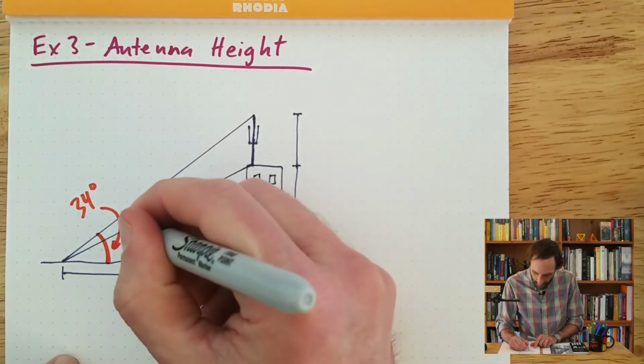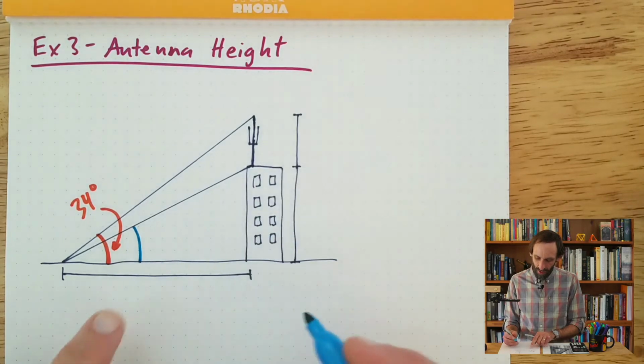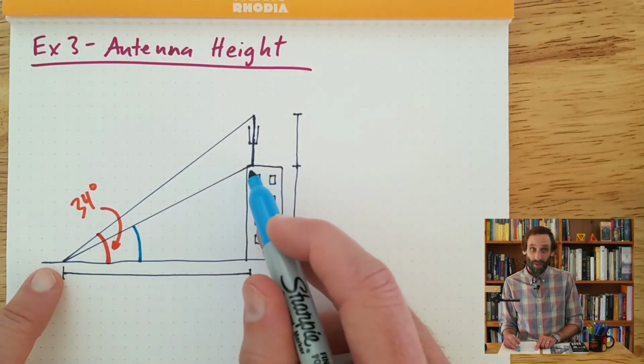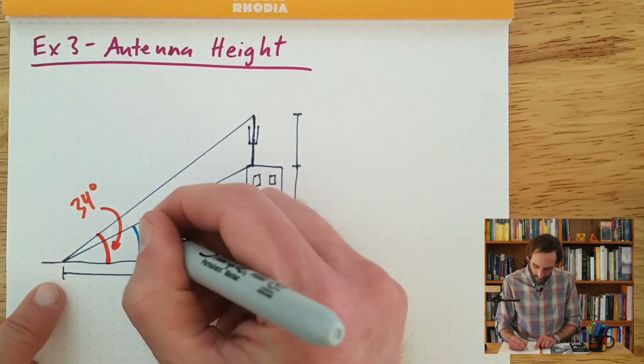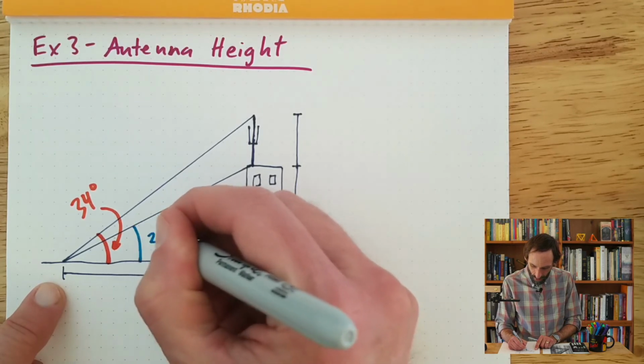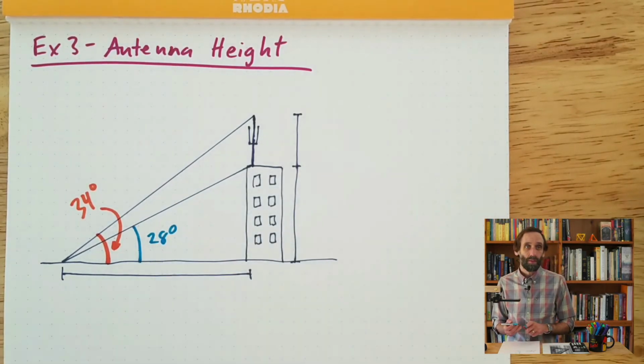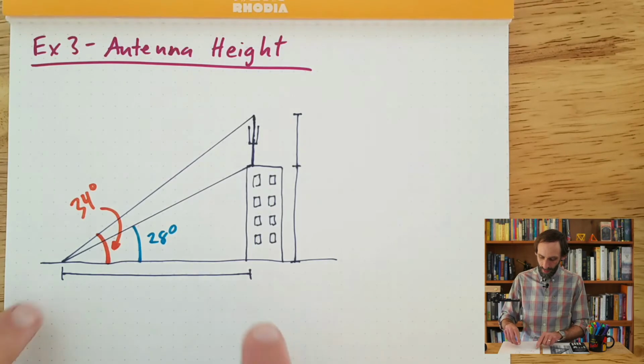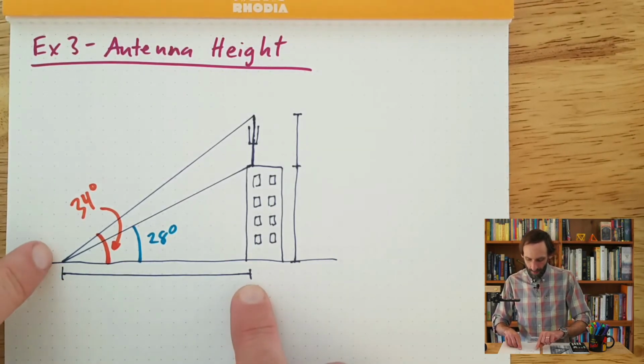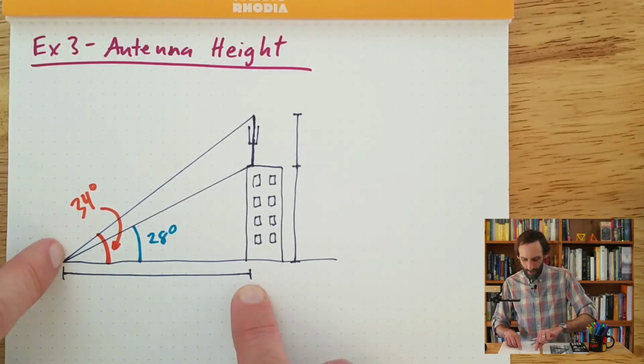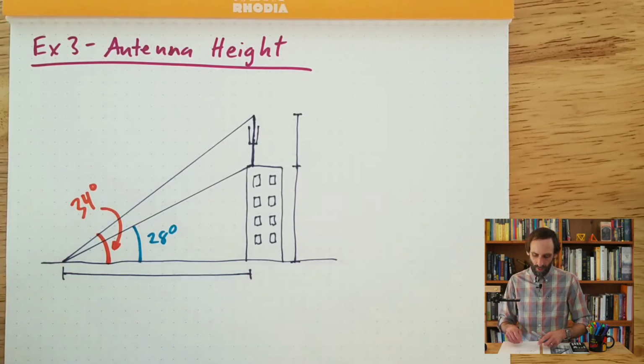So this smaller angle of elevation, which is just the angle of elevation to the top of the building, let's go ahead and say that's, I don't know, about 28 degrees. So now we'll need the distance from the point that the angles are being measured to the building.